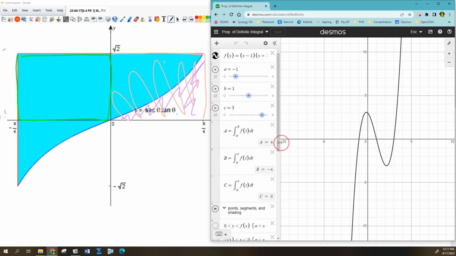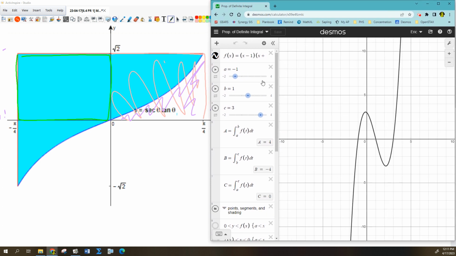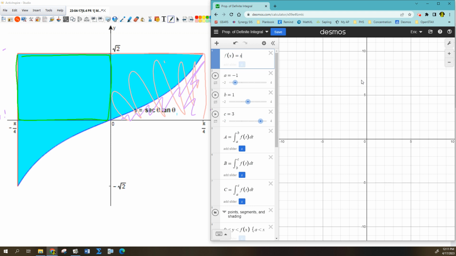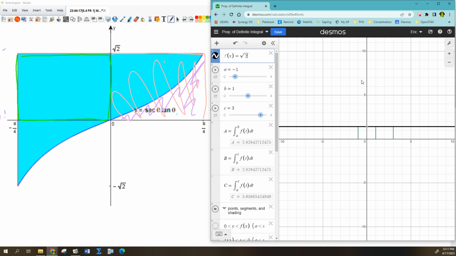So let's look at, I'm going to make f of x equal square root of 2.